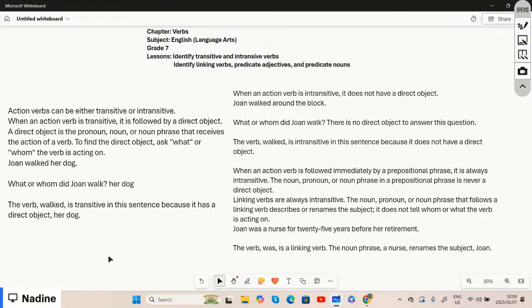When it comes to verbs, we have action verbs, and action verbs can be either transitive or intransitive.